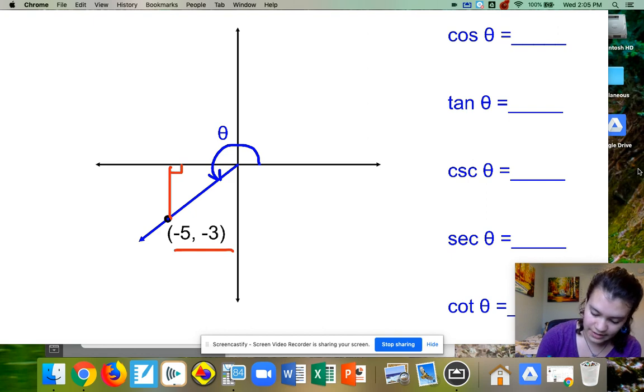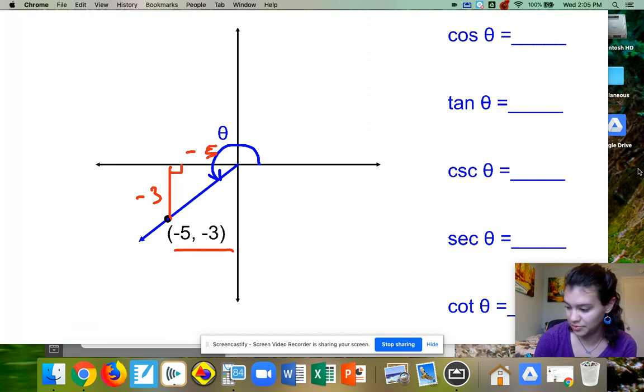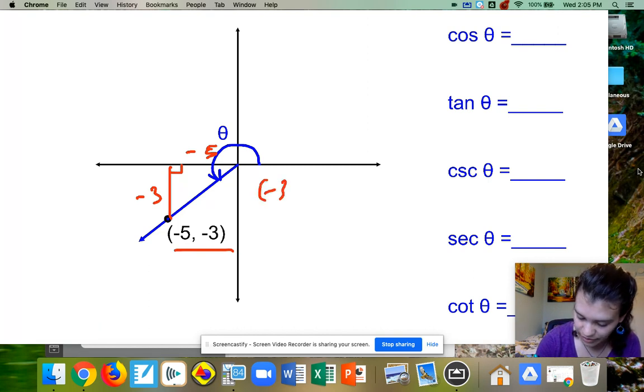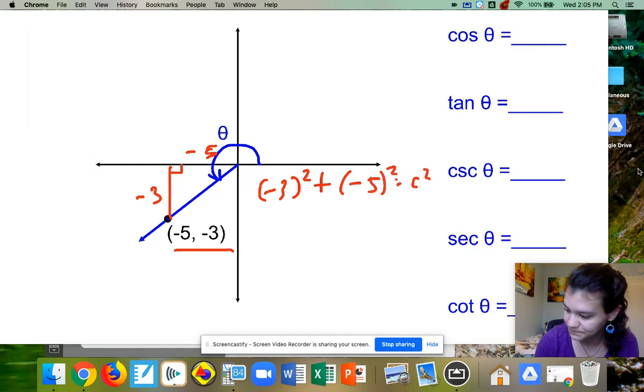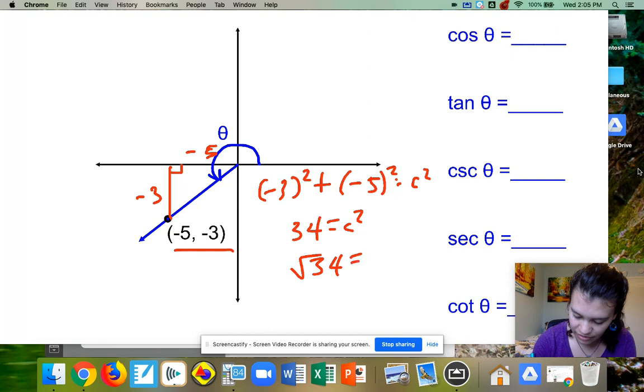Our x is -5, our y is -3, and then we need to figure out what the hypotenuse is to do the Pythagorean theorem here. So you can do your a squared or -3 squared plus -5 squared equals c squared. You should get 34 equals c squared, or root 34 for c.